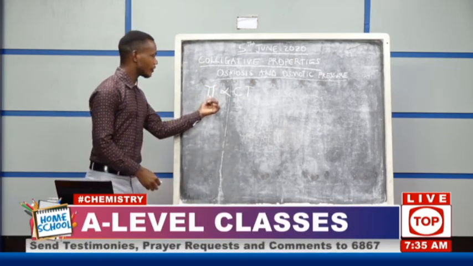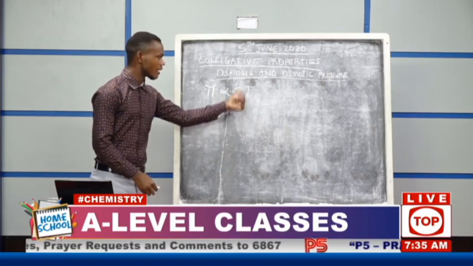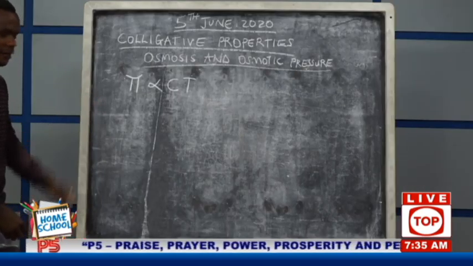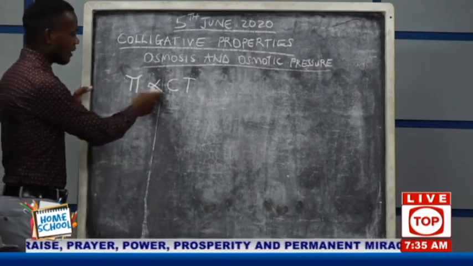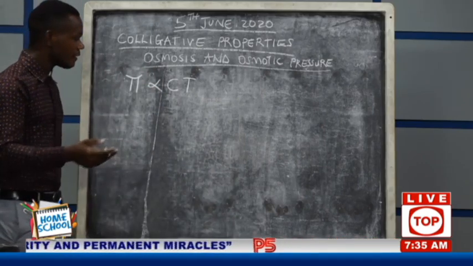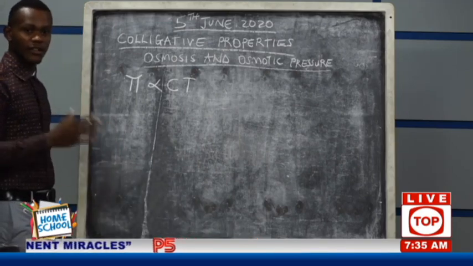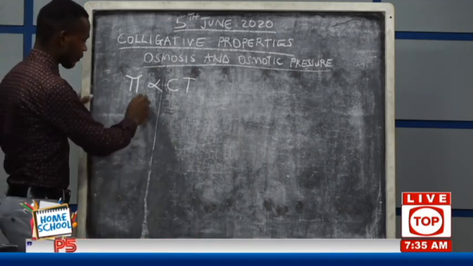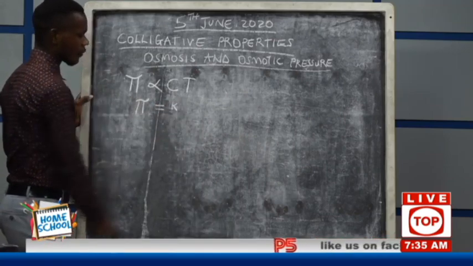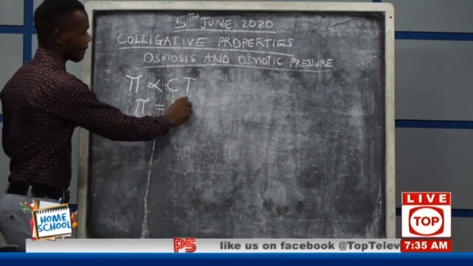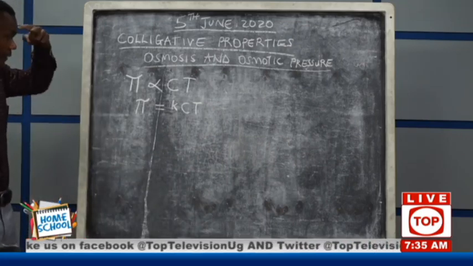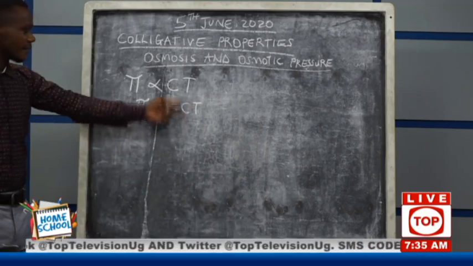All right? We say that when we have a proportionality sign, we should remove it and put there the proportionality constant with an equal sign. So we say osmotic pressure is equal to capital K, constant, C T. Are we together there? You have K, C, T.